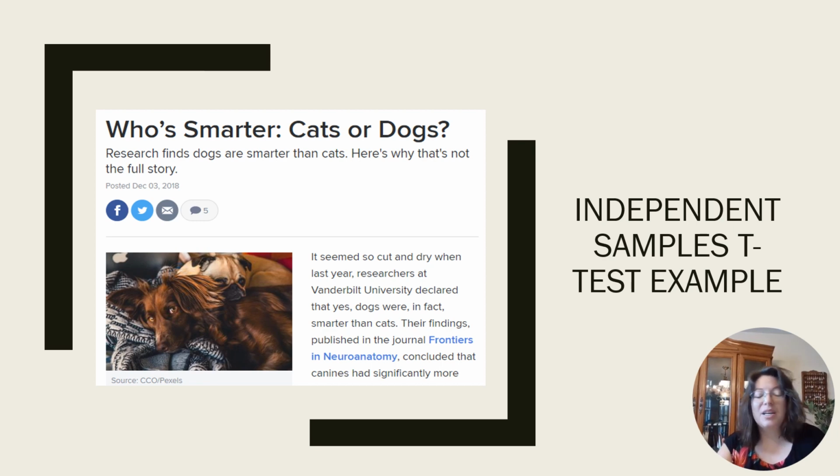And what they found is that for some things, the average score for dogs was significantly higher than the average score that cats got. But for some tests, it was the opposite because, as we all know, cats are clearly smarter than dogs. They just don't want to show it because they are just like that.